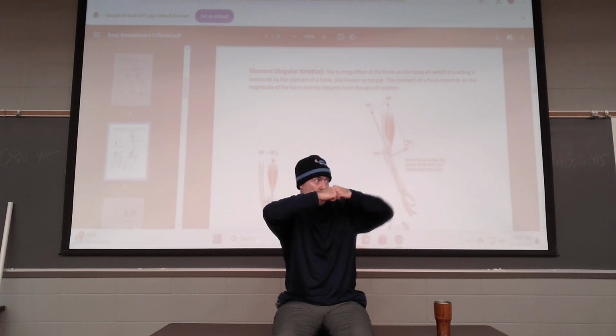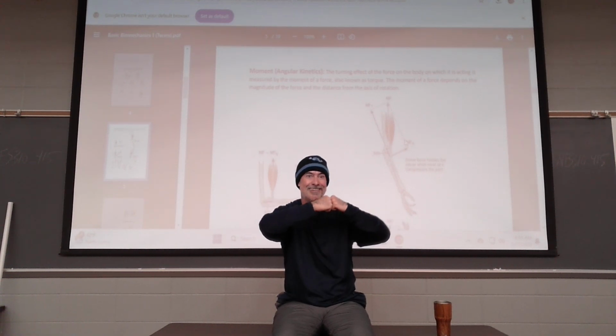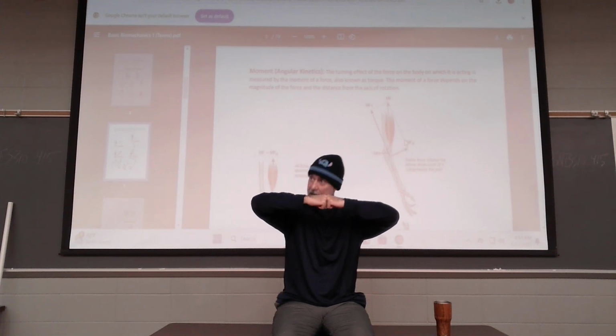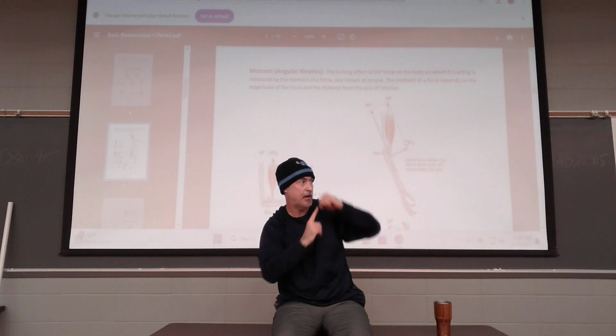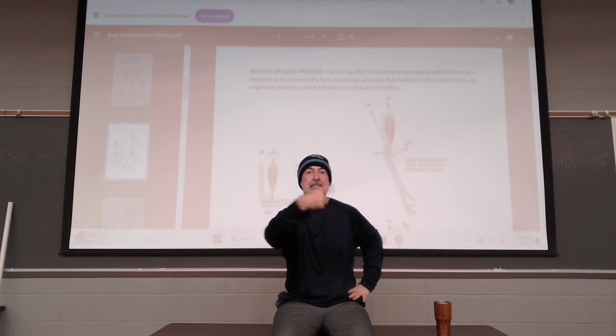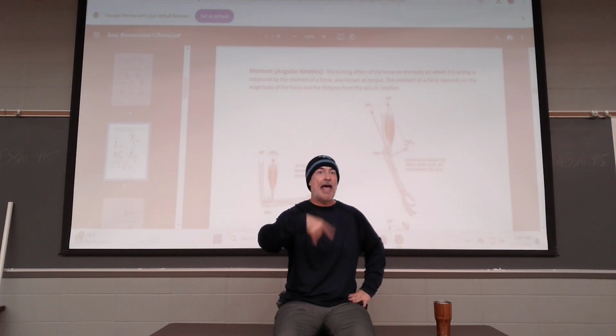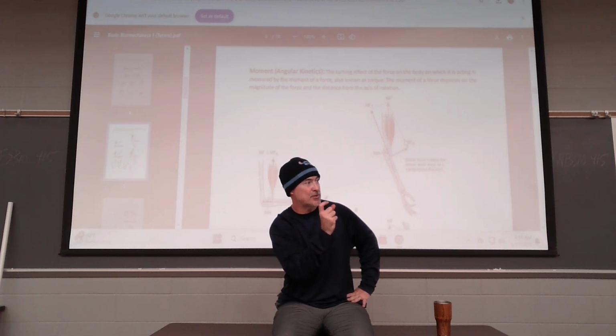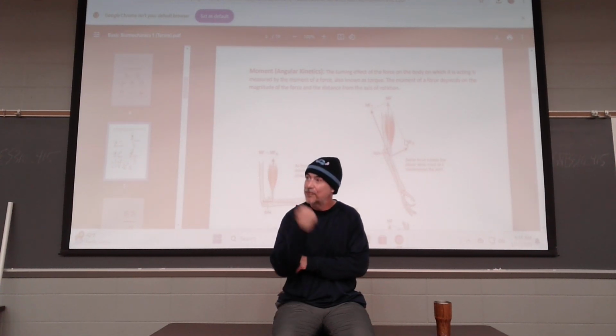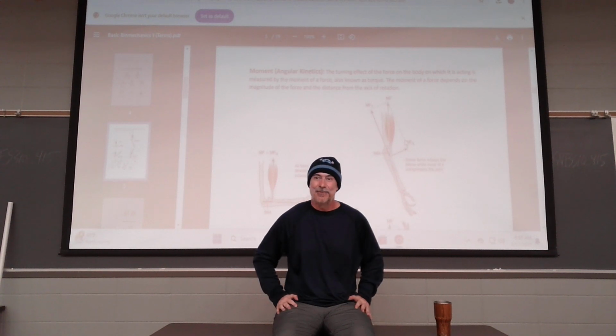But stability alone isn't going to rotate me, because the stability component is parallel. The perpendicular component of that muscle's pull, that is the moment. That is the rotational component. It's only a component of that muscle's pull that's actually trying to make you flex and extend.